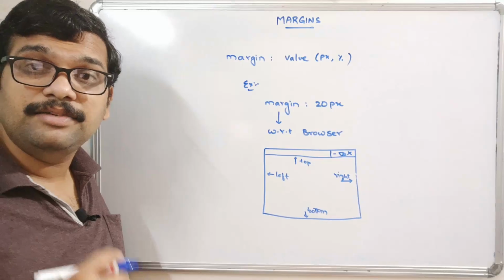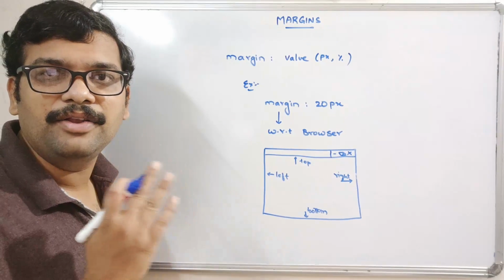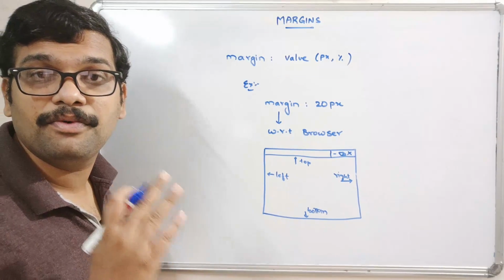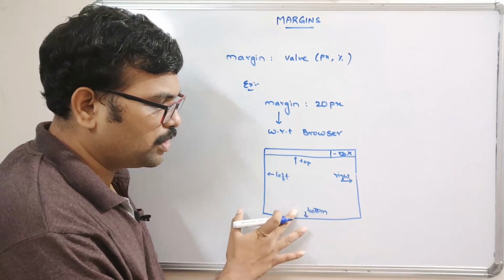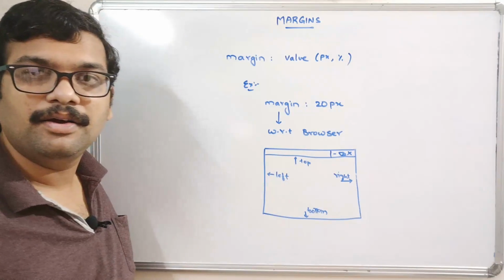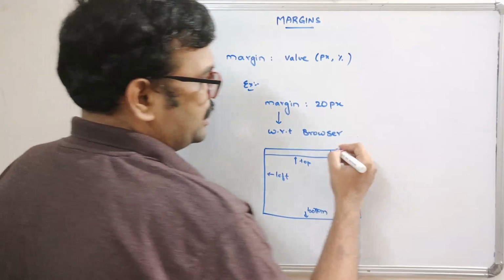So for a margin we can apply four values: top, bottom, left, right.